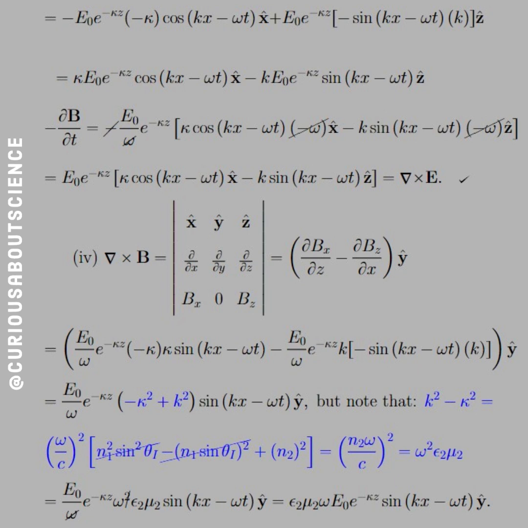You see we get partial BX DZ minus DBZ over DX and the Y hat only. So let's go ahead and take these derivatives. Is there anything we can simplify? Well, yes, of course, there always is. You see both terms have an E naught omega over e to the negative kappa z. Pull them out.